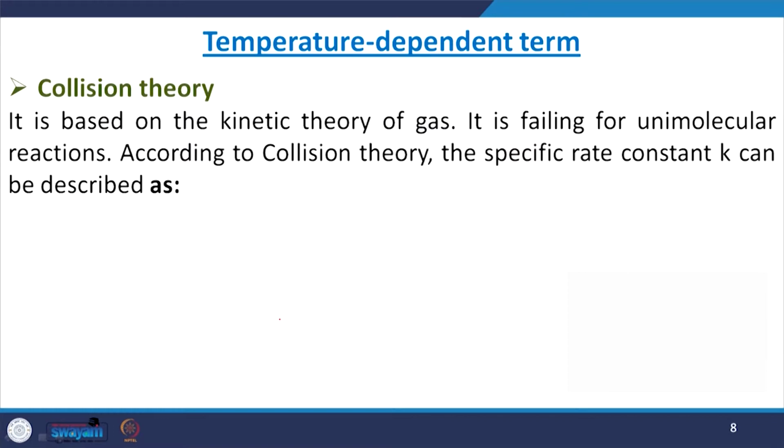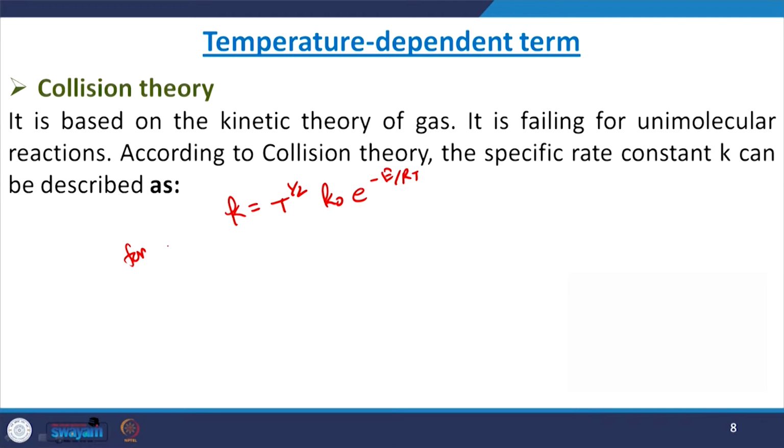Now, people tried to develop this particular approach with the help of collision theory, which we discussed in the previous lecture. It is usually based on the kinetic theory of gases, and it is valid for unimolecular reactions. According to collision theory, the specific rate constant K can be described as K is equal to T to the power half K naught e to the power minus E upon RT.